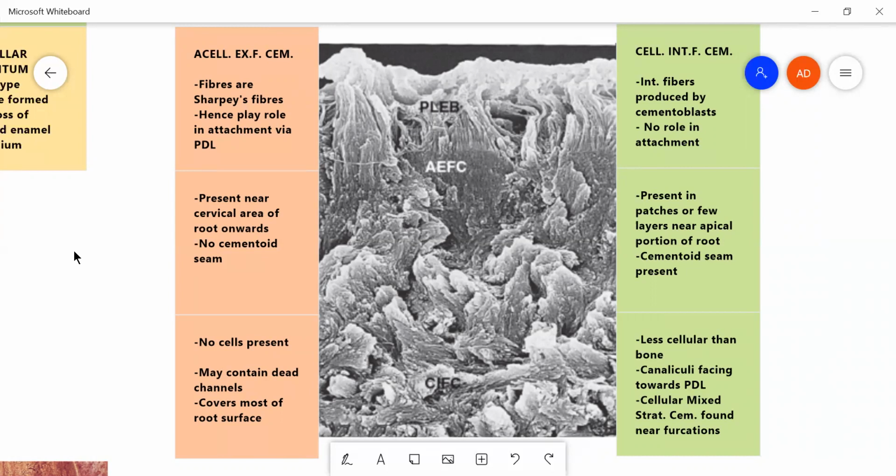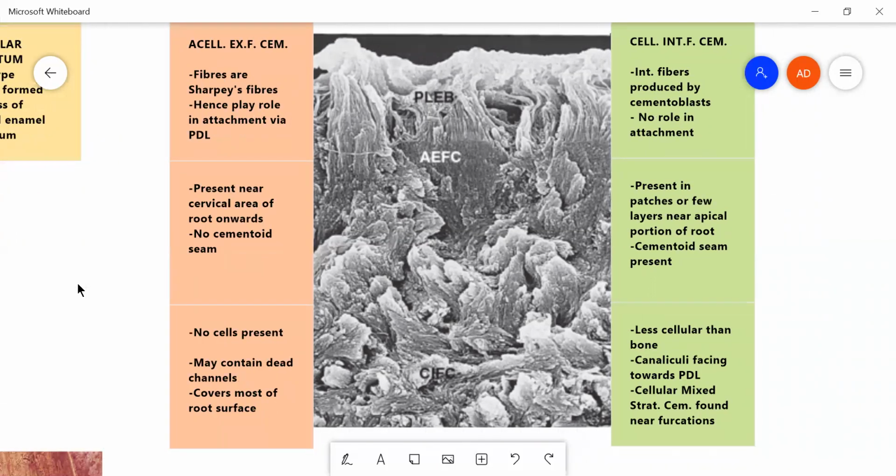AEFC has no cells in it, but CIFC has cells in it, but it is less cellular than bone, so it has a limited remodeling capacity. AEFC may contain some dead channels from cells that were present, very few in number, but CIFC has canaliculi that stretch towards the PDL because it has cementocytes in it. AEFC covers most of the root surface, but CIFC only covers near the apical portion of the root.